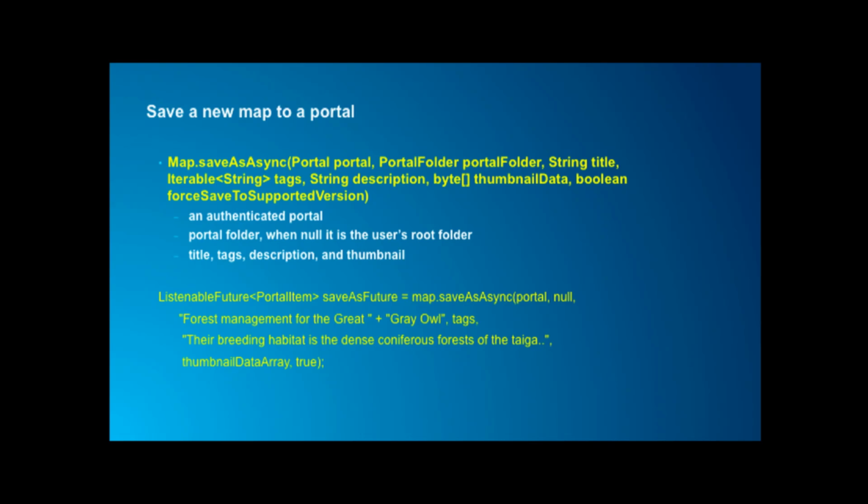When you don't pass down a portal folder parameter, this web map will be saved to the root folder of the authenticating user. The following is an example of how you save your map as a new portal item to your portal.